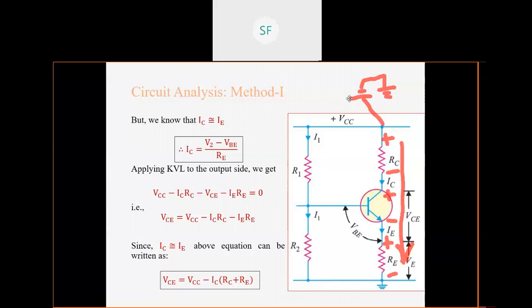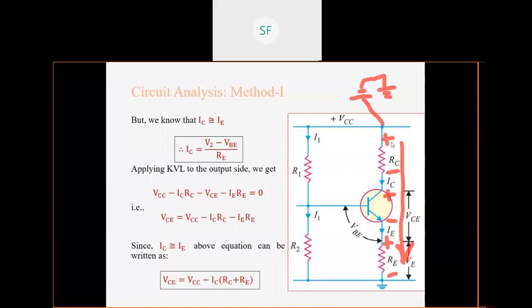So यहाँ पे भी polarity will be like this, minus and then plus. So now you observe here, you have to just now collect the voltage drops with their sign. So what will be the sign of VCC? VCC की sign रहेगी positive. Why? Because positive is the last sign. So VCC is positive here.